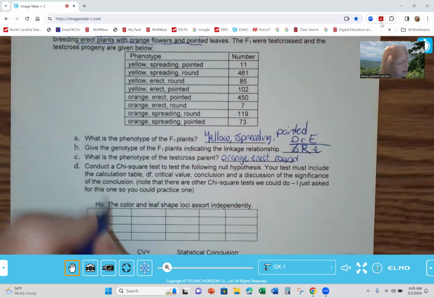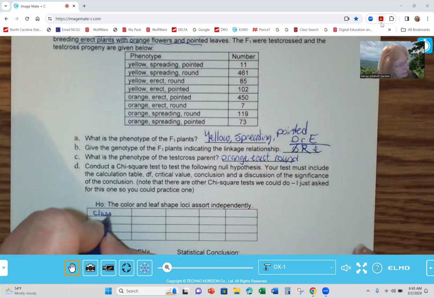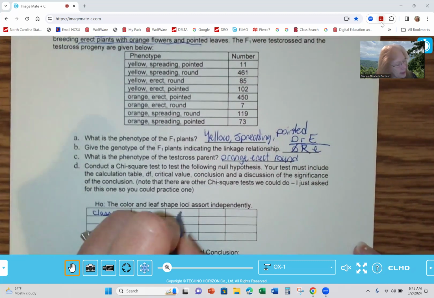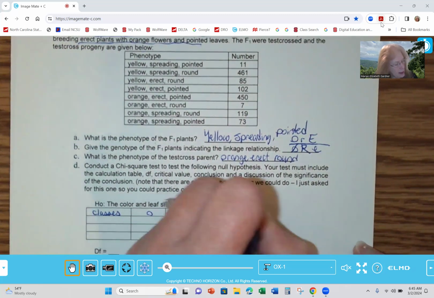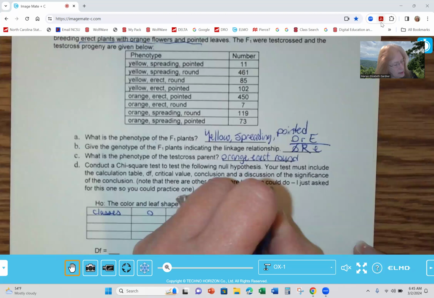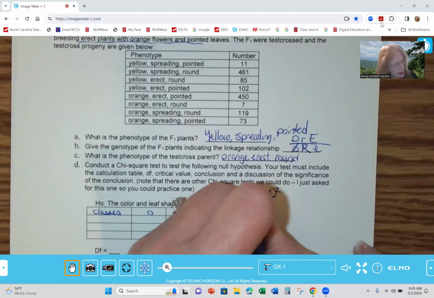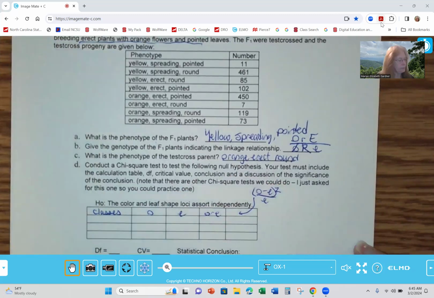So our classes: observed, expected, O minus E, and then this is O minus E squared divided by E. And we always have the total.